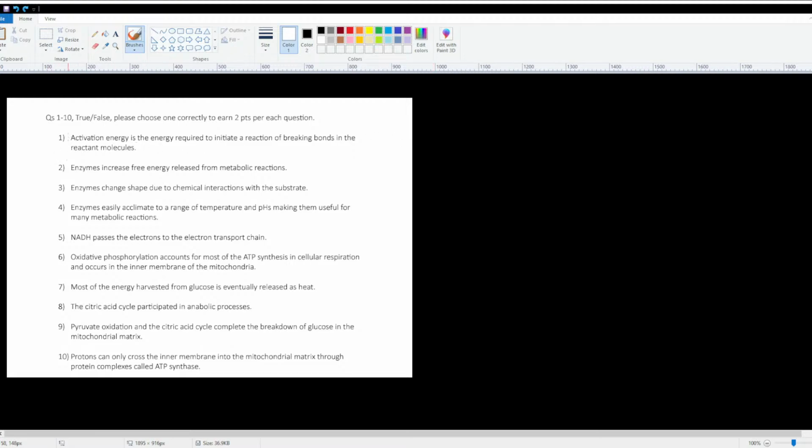So true or false? Number 1, activation energy is the energy required to initiate a reaction of breaking bonds in the reactant molecule. Okay. So, whenever we're doing a chemical reaction, what are we doing?